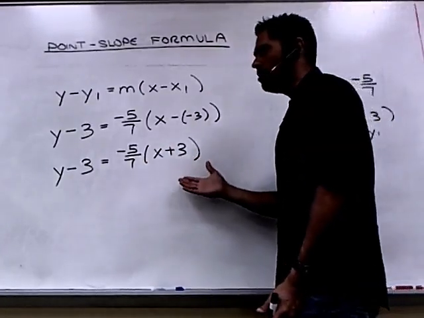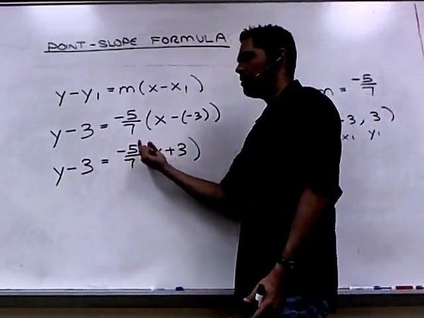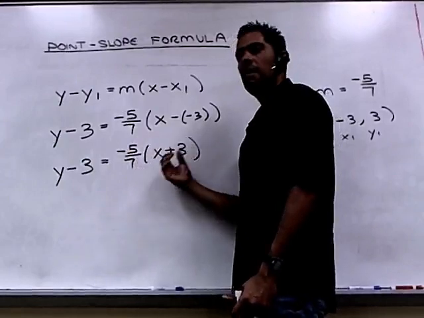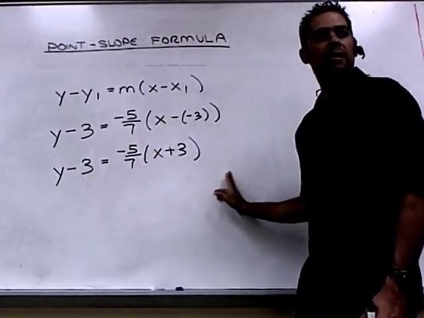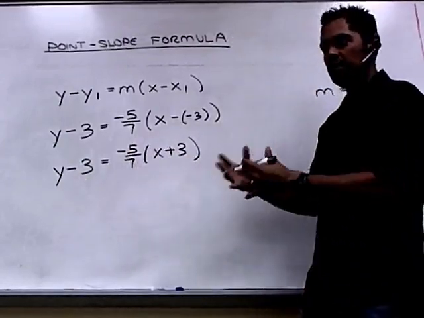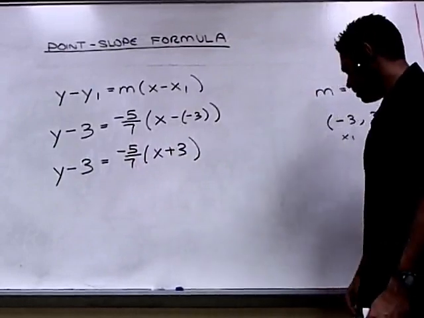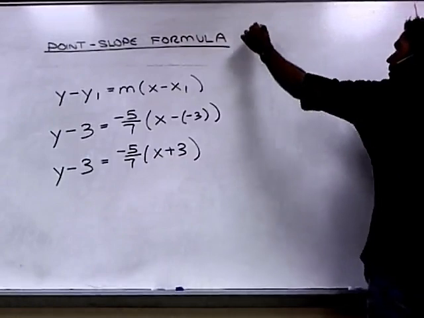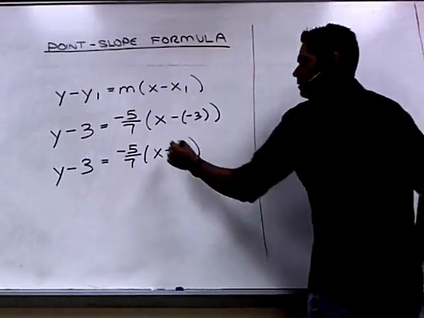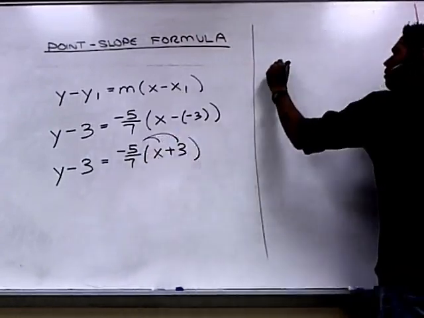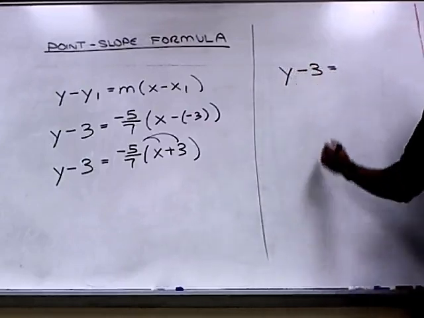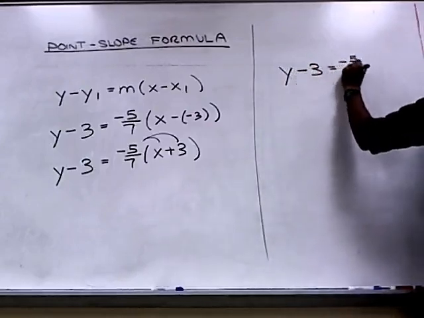So what we have to do is we have to distribute the -5/7 through, and then we have to bring this 3 to the other side. If we do that, we should get the same exact answer. So let's distribute. y minus 3 is still on the left side. -5/7 x, and then what?